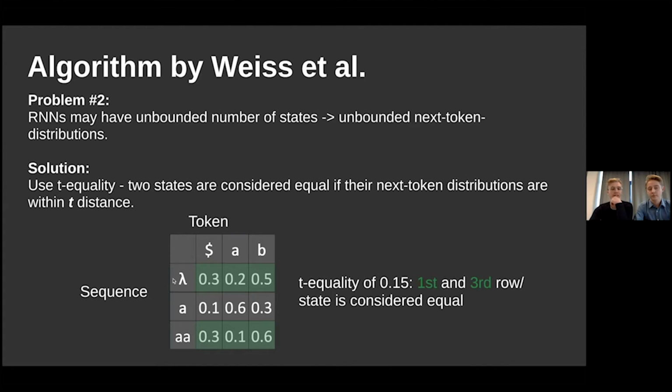So if you look at the state reached by stopping at the start state and reached by going sequence AA, we can see that the token A has 0.2 probability, and in AA it has 0.1. And the same for B, it has 0.1 distance between each other. So if we use a T equality of 0.15, the first state and the third state defined by the rows will be considered equal.